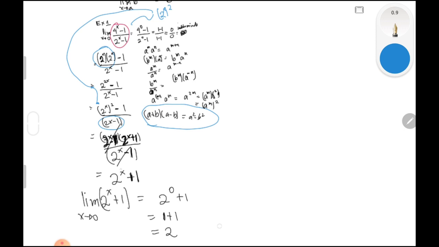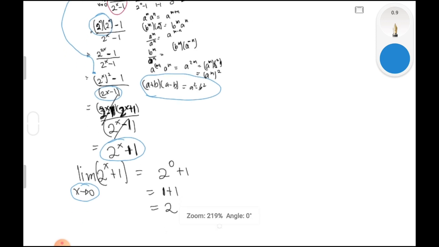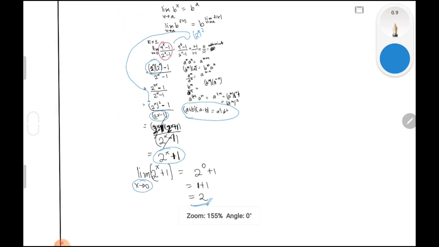So after manipulating the equation even more, we have our equation 2 raised to x plus 1, and then letting x be equal to 0, so therefore makakuha ka ng value ng 2 raised to 0 plus 1, which is equal to 1 plus 1, which is equal to 2.